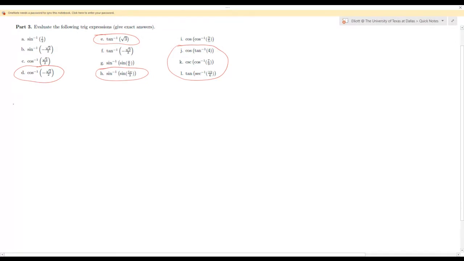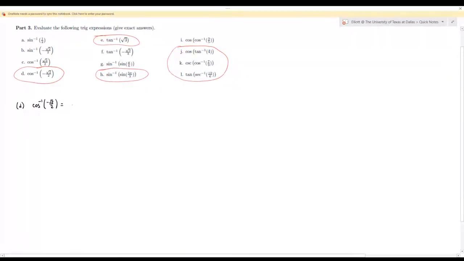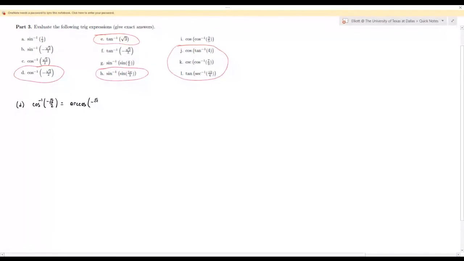All right. So I'll do maybe D first. So this is the inverse cosine of minus root 2 over 2. And just a quick note, this cosine to the -1 notation is often written as arc cosine as well. So you might see cosine to the -1 for the inverse cosine, but you might see arc cosine instead.